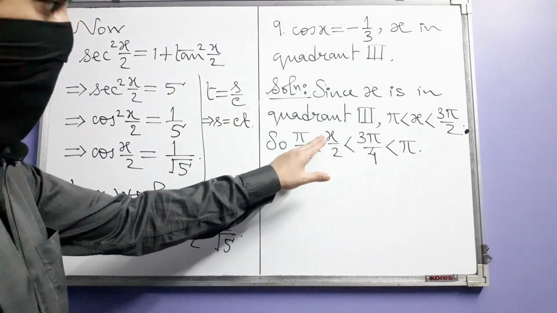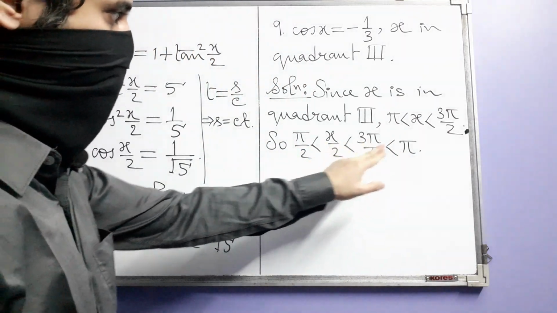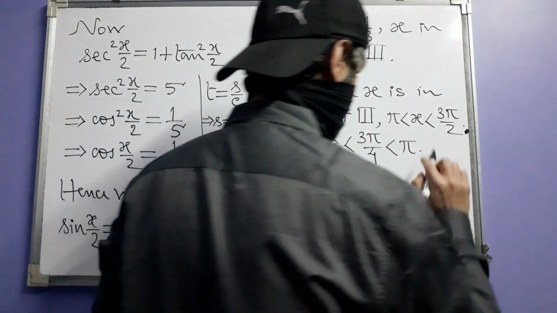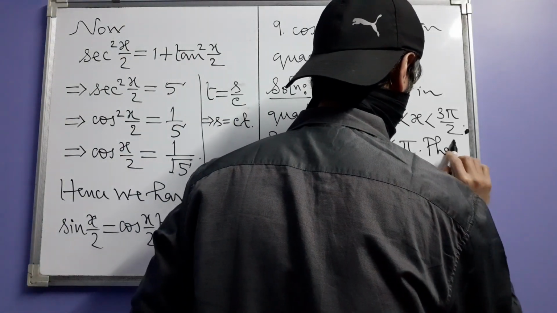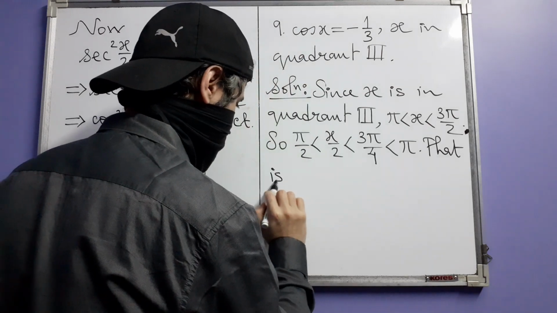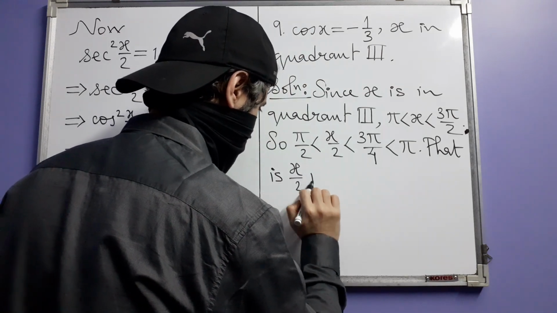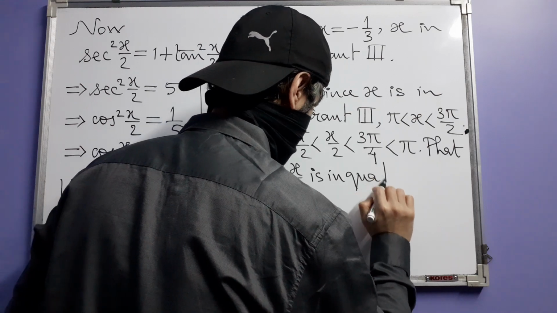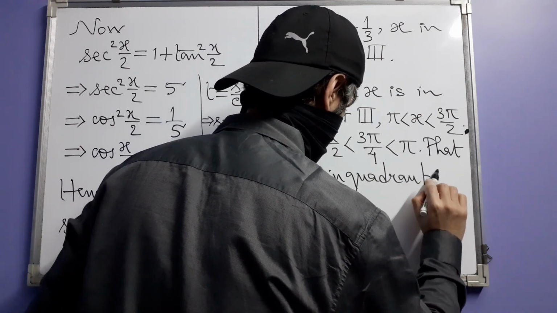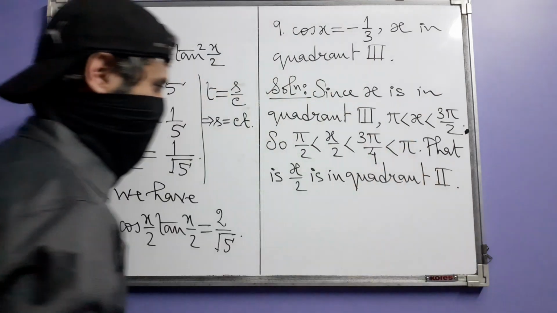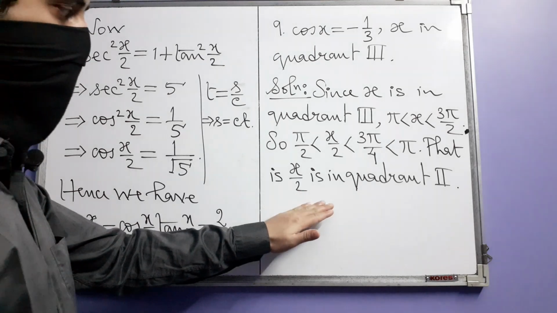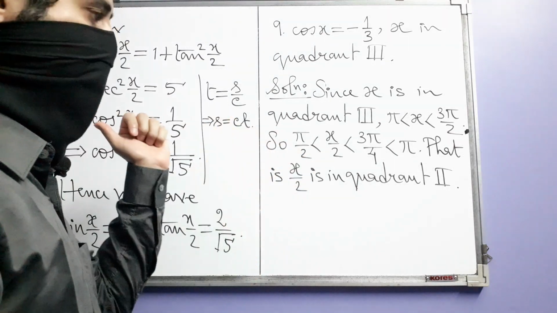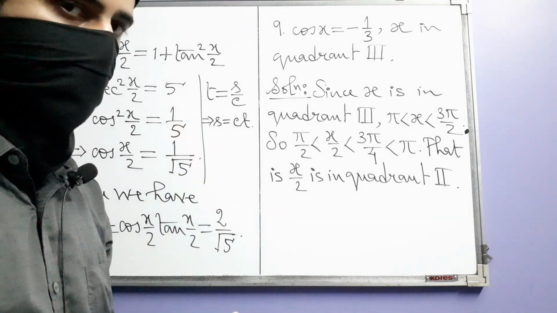So that means x over 2 lies between pi over 2 and pi. That is the second quadrant. That is, x over 2 is in quadrant 2. So in the second quadrant, sine is positive but cos is negative. So tan is also negative.